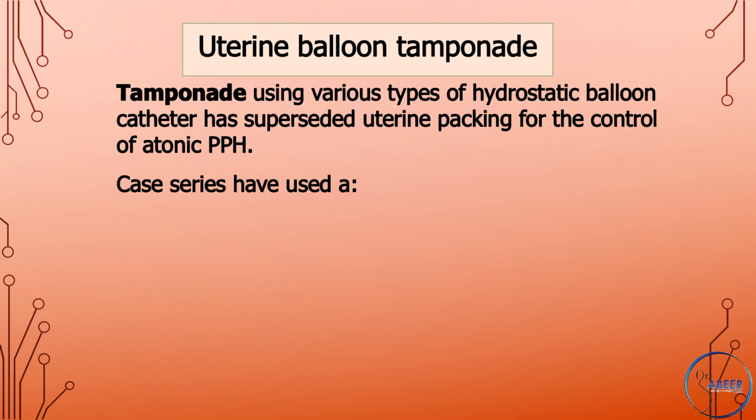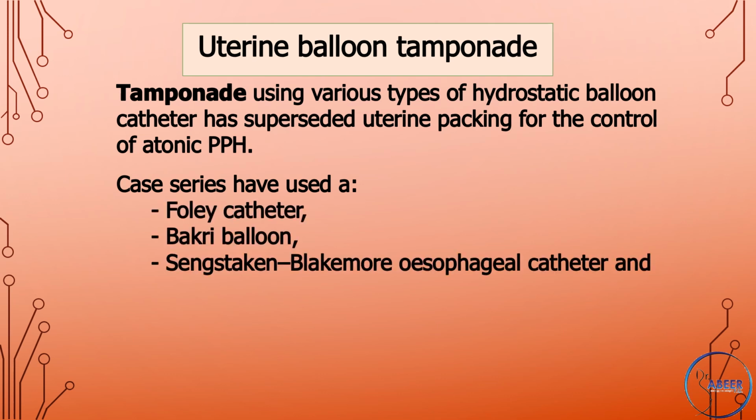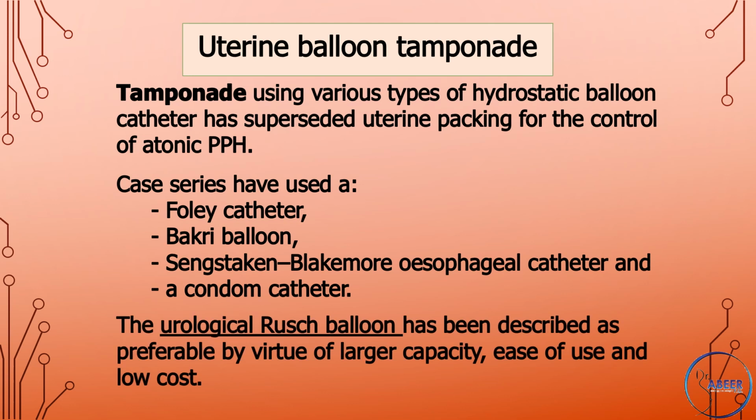Case series have used a Foley catheter, Bakri balloon, Sengstaken-Blakemore esophageal catheter, and a condom catheter. The urological Rusch balloon has been described as preferable by virtue of larger capacity, ease of use, and low cost.